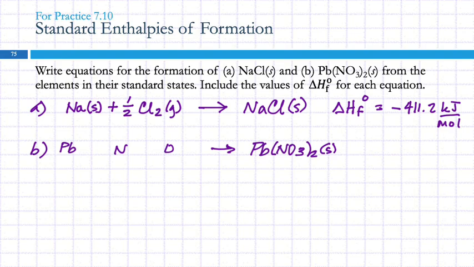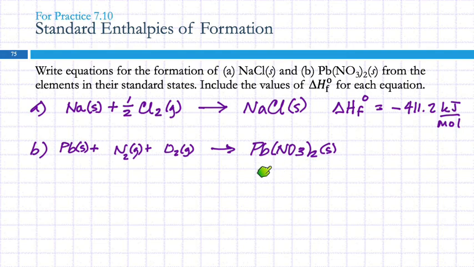Well, what's the standard state of lead at room temperature? It's a solid, like lead pipes. How about nitrogen? That's a gas. And is it diatomic? Yes, it is. And then oxygen, what about oxygen? It's also a diatomic gas. So we've got our standard states. So there's 1 lead and 1 lead.